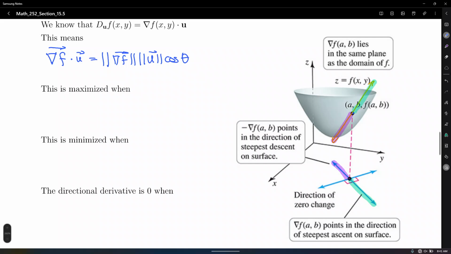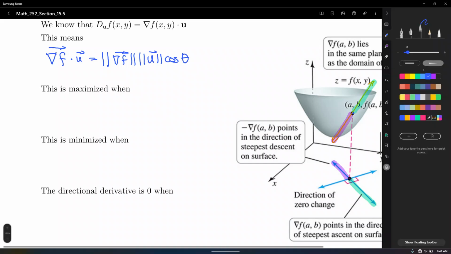We can simplify it because, what is the magnitude of u equal to? 1, because it's a unit vector. The magnitude of a unit vector is 1. So this will simplify to the following: the magnitude of nabla of f times cosine of the angle.